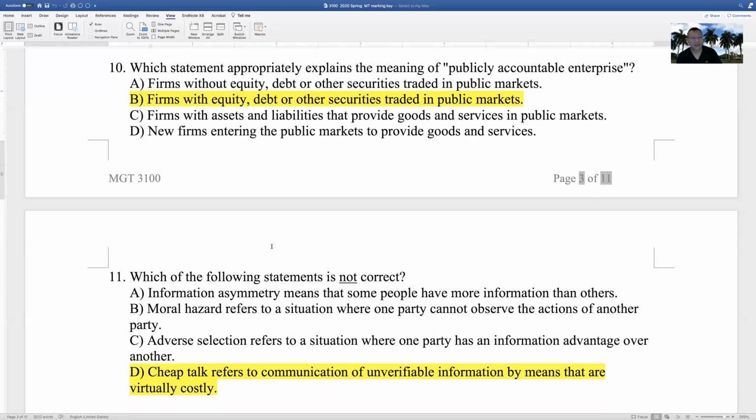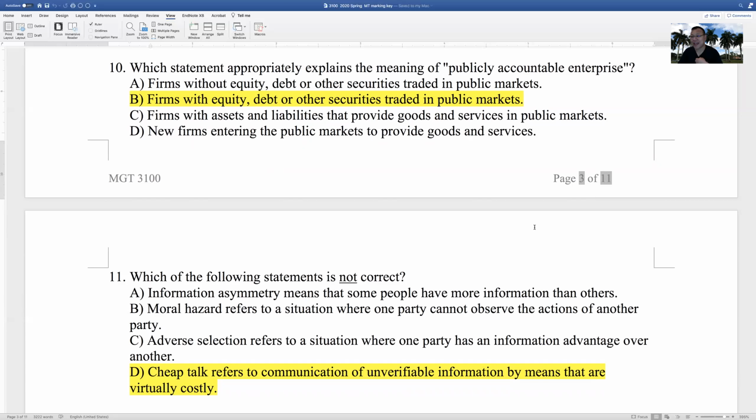Number 10, which statement appropriately explains the meaning of publicly accountable enterprise? Okay, so the answer is B. Firms with equity, debt, or other securities traded in public markets. The enterprise is publicly accountable because the public purchased their shares, debt, equities, and that has to be done in an open market.